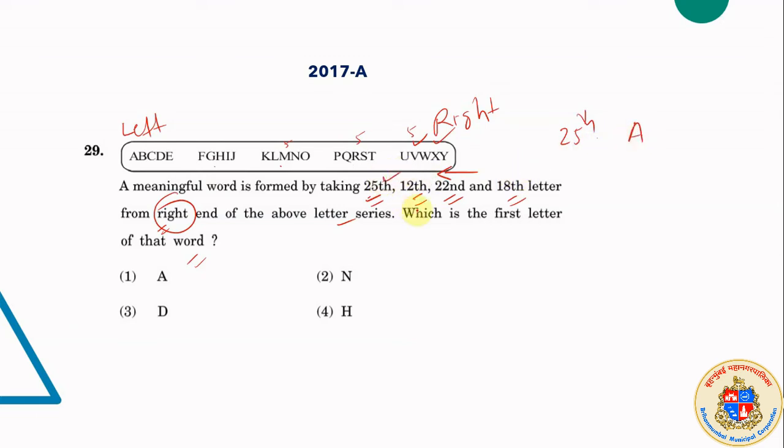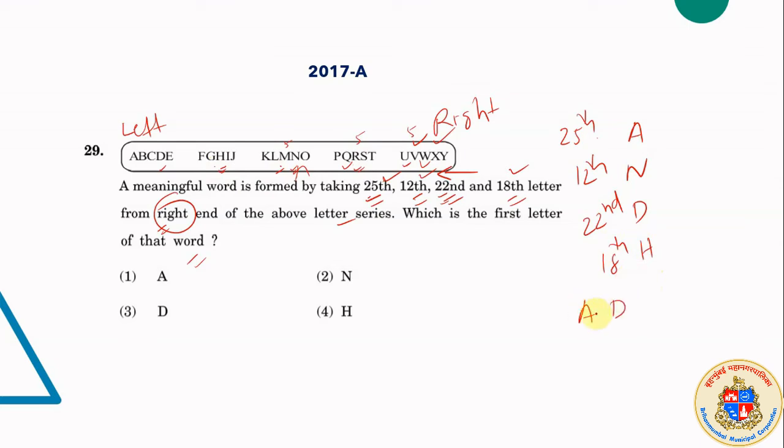तो 25th का काम हो गया. 12th letter 5, 10, 12th letter is N. Then 22nd letter 5, 10, 15, 20. 22nd letter is D. Now one more is there. 18th letter 5, 10, 15 plus 3. 18th letter is H. तो हमारे सामने कौन सा letter आ गया?